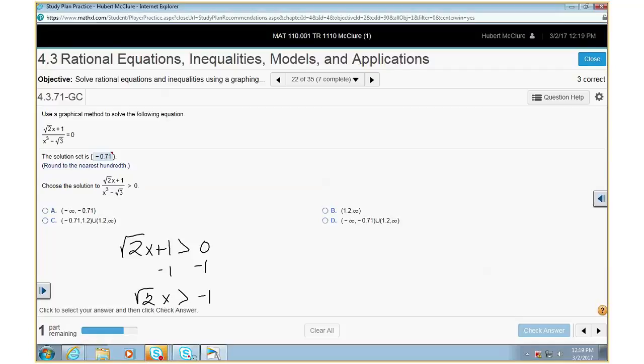And then divide by the square root of 2, divide by the square root of 2. So x is going to be greater than negative 1 over the square root of 2, multiplied by the square root of 2 over the square root of 2, another calculus thing you have to know. X is greater than negative square root of 2 over what? 2.